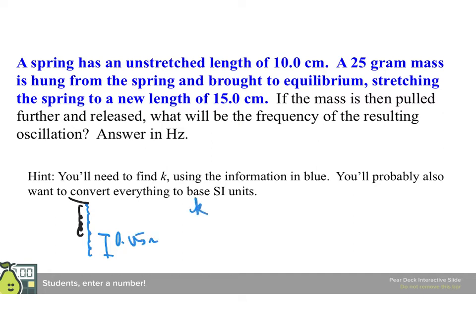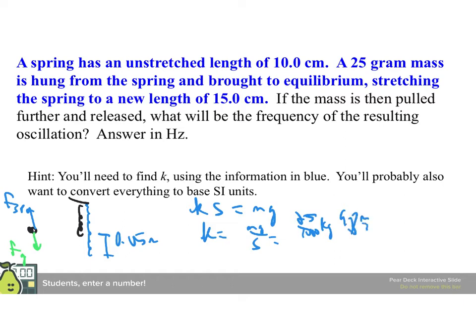And we know that k times that stretch has to give us the weight, because at that moment, once it's been stretched, we have the spring pulling up, and we have gravity pulling down, and they must be balanced, which tells us that the spring constant is mg over s, which is 25 thousandths of a kilogram times 9.8 meters per second squared over 0.05 meters, which is 4.9 newtons per meter.